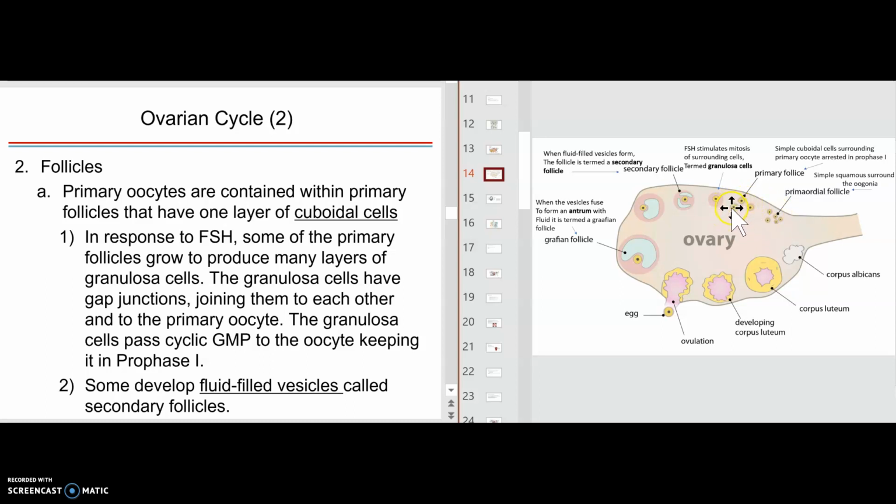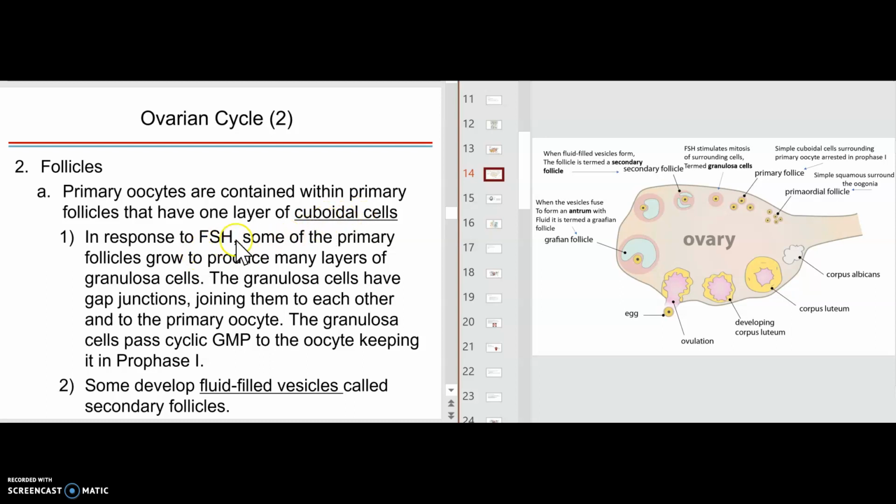By them going to cuboidal, we're going to call this a primary follicle. It's the cuboidal cells. And in the follicle, you have the cuboidal cells surrounding, and you have the primary oocyte arrested in prophase 1 in the center. Now, this occurred because of follicle stimulating hormone. Follicle stimulating hormone comes from the anterior pituitary. And these are cuboidal cells, okay?